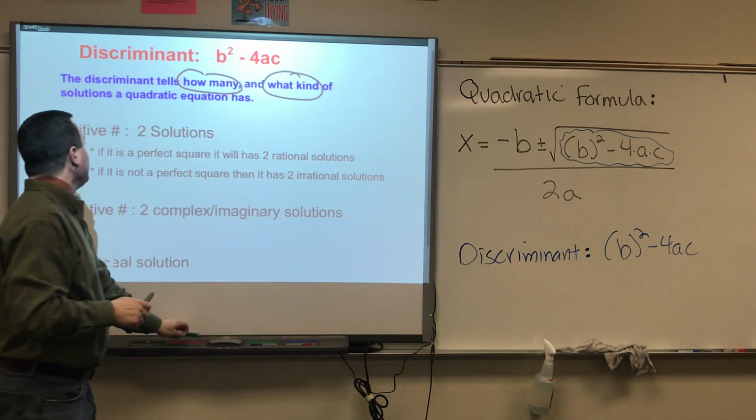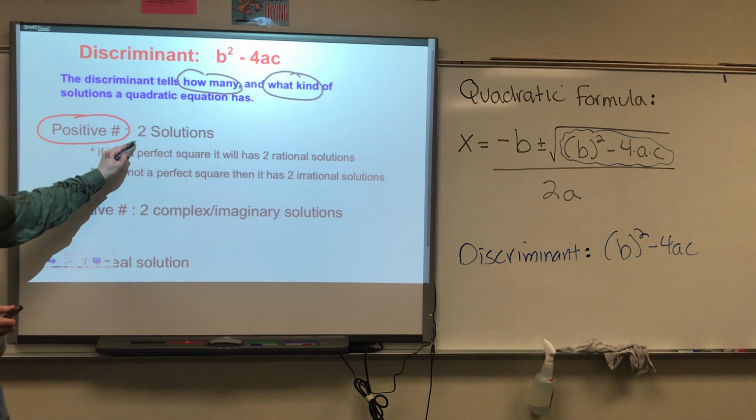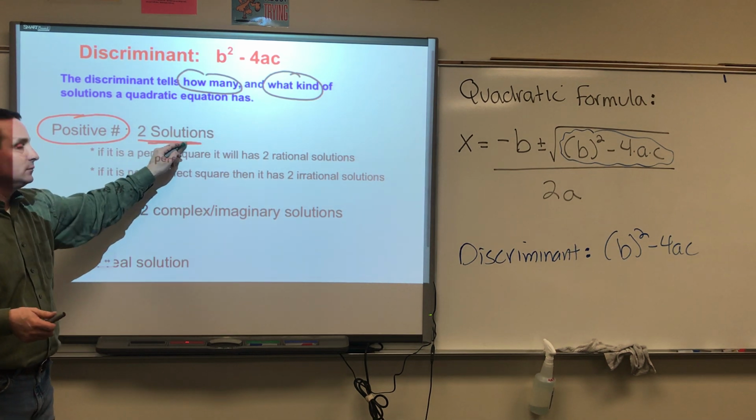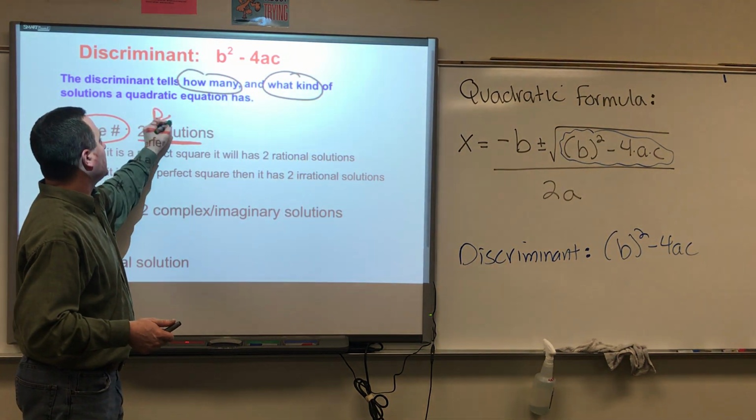The first thing is if the discriminant is a positive number. Any sort of positive number. It doesn't matter if it's 5, 500, 5,000. As long as it's positive, it's going to have 2 real solutions.